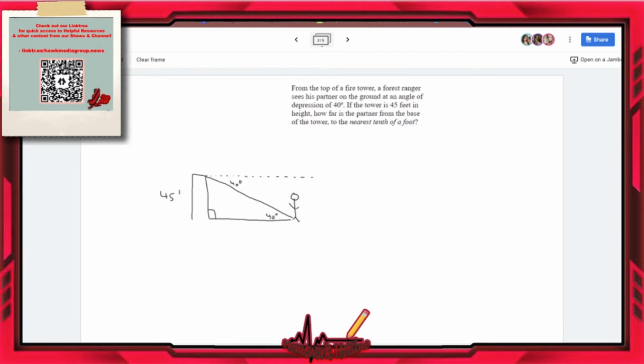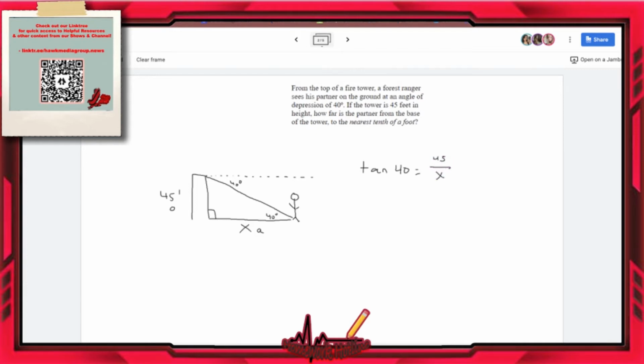It's asking for how far the partner is from the base of the tower, so we're solving for x here. We solve problems like these with trig functions, and the one we're going to use involves the opposite side and the adjacent side, which is tangent. So the tangent of 40, because that's the angle, equals opposite over adjacent, so 45 over x.